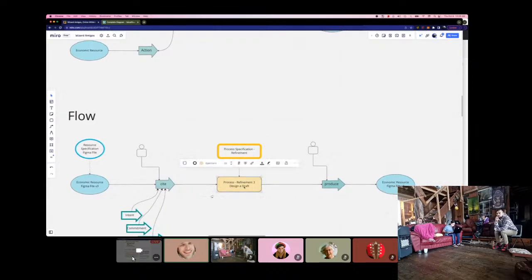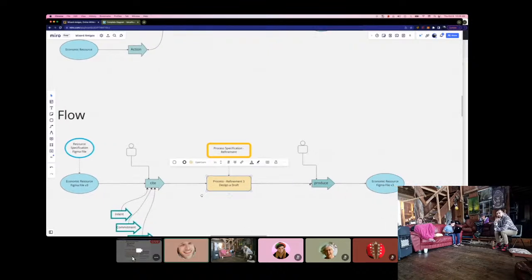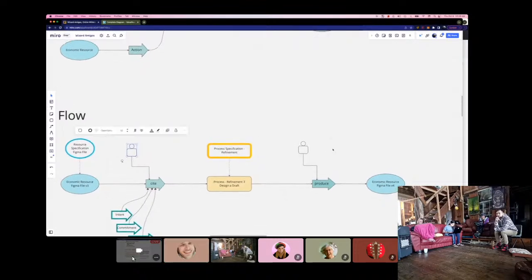It goes into a design process, and it produces, oops, that should be version 4, right? And this will likely be the same person. It'll likely be one person that is citing it, and the same person is then doing the work and producing that.